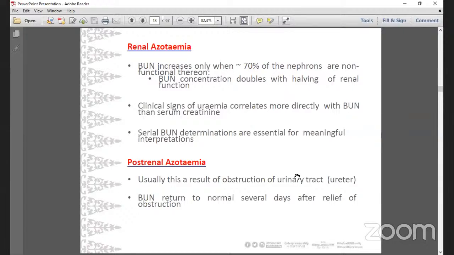That means we have to test a few times in order to monitor the progression of the disease. And the last one, the third type of azotemia, is post-renal azotemia.